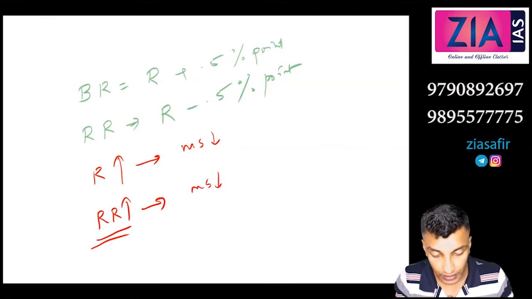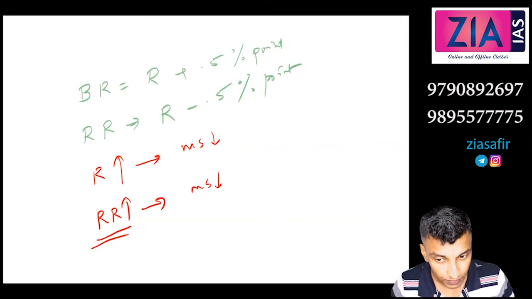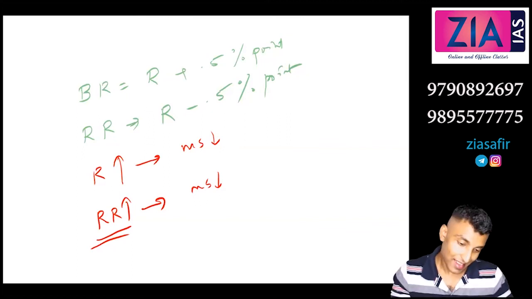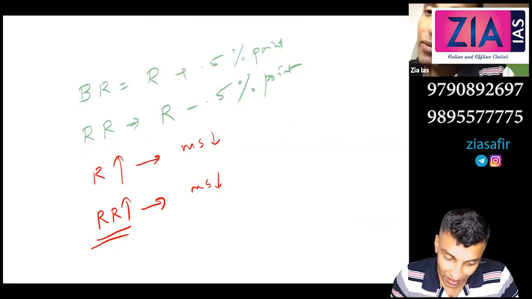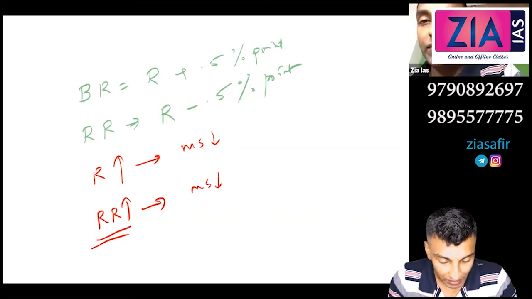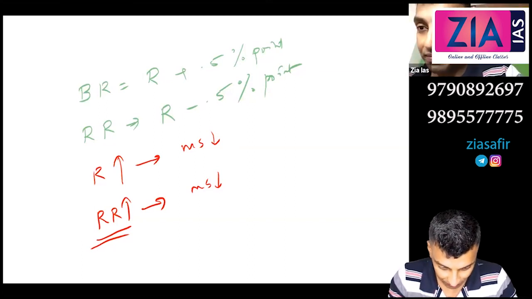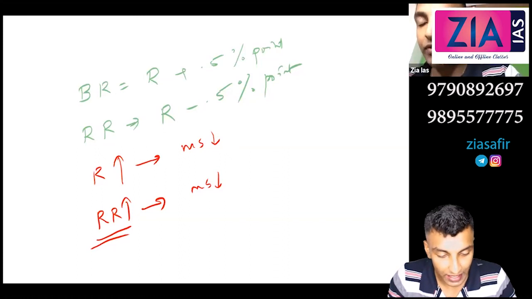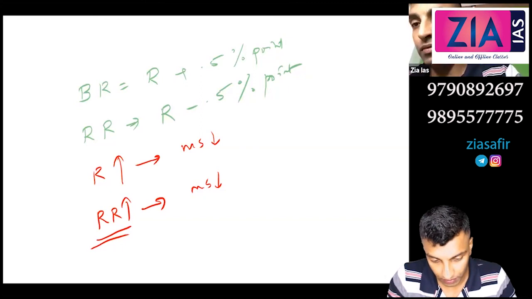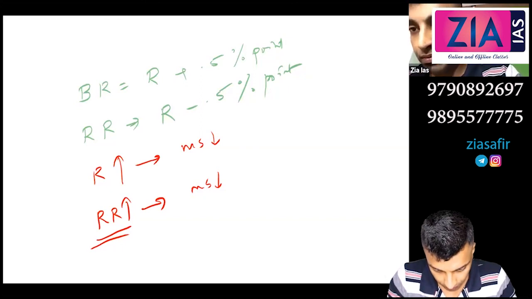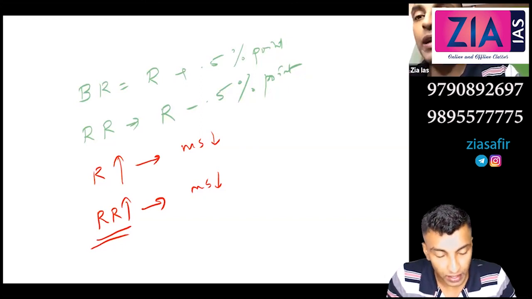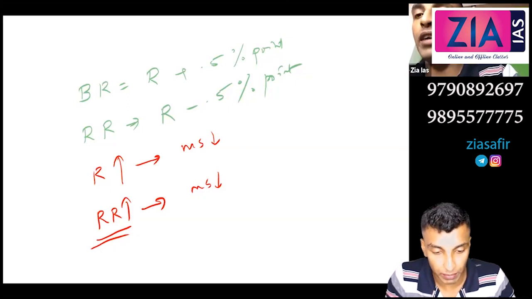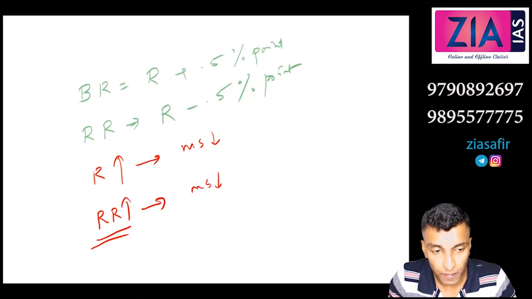When banks are getting more interest from RBI, banks prefer to keep money with RBI. So banks have no money to lend outside, so money supply will decrease.